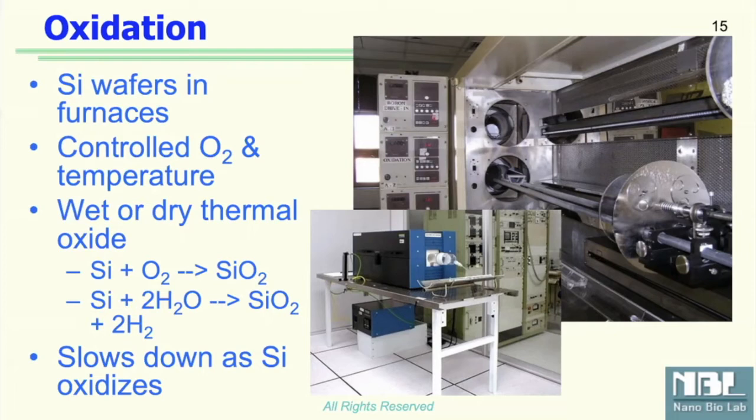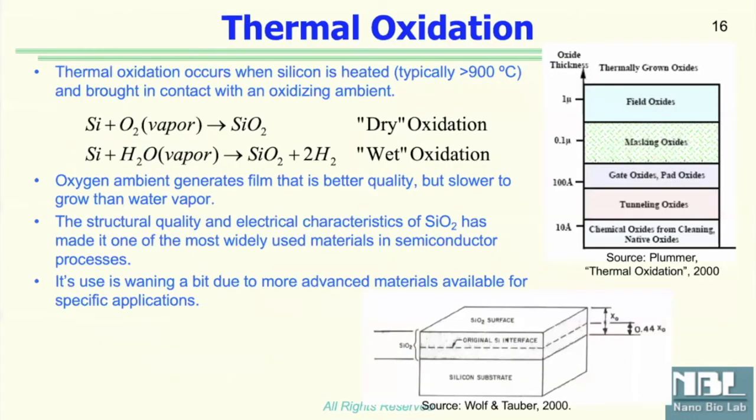So in this process, as the silicon dioxide becomes thicker and thicker, the oxygen now has to travel through a thicker layer to get to the interface so it can react with silicon and convert into silicon dioxide. Hence the last bullet point, that the silicon oxidation slows down as time goes by, as the thickness goes up.